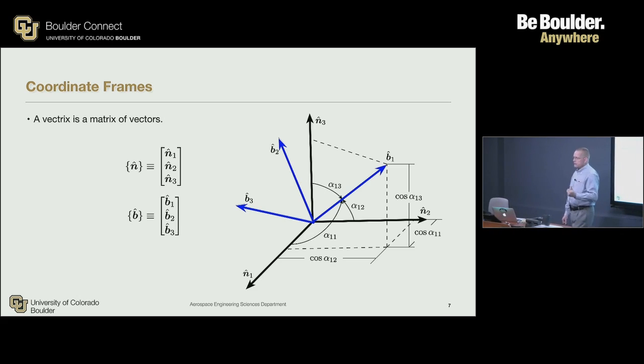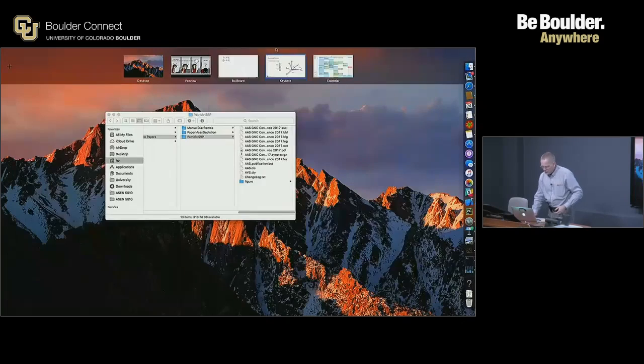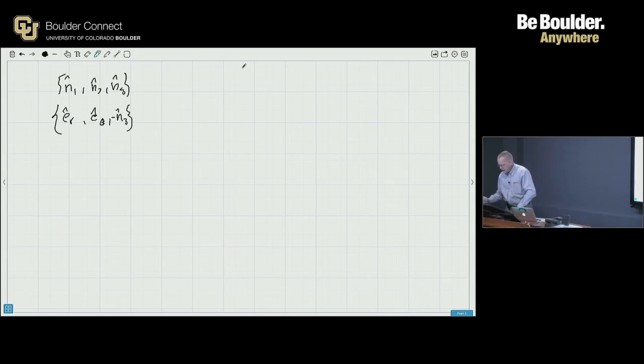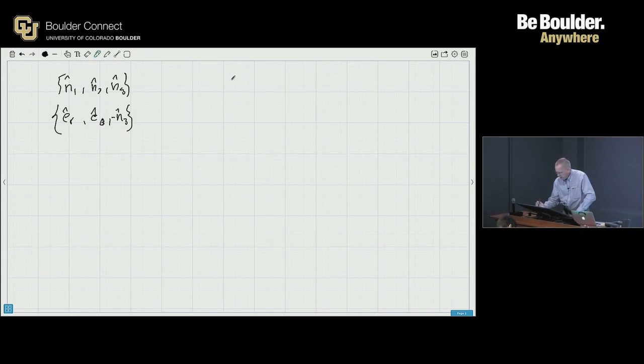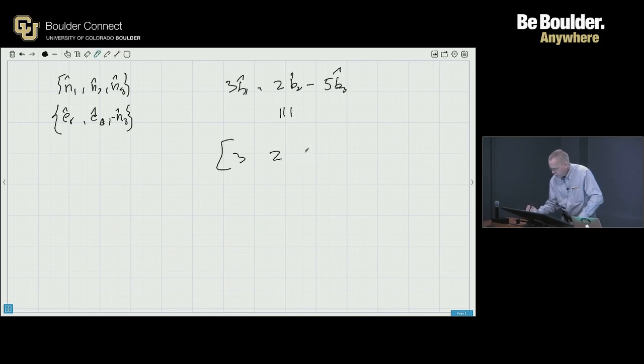All a vectrix is, is a matrix of vectors. If I do a quick example, if I have to somehow evaluate 3 times b1 plus 2 times b2 minus 5 times b3, I can actually write this as [3, 2, -5] times this vectrix of b1, b2, b3.